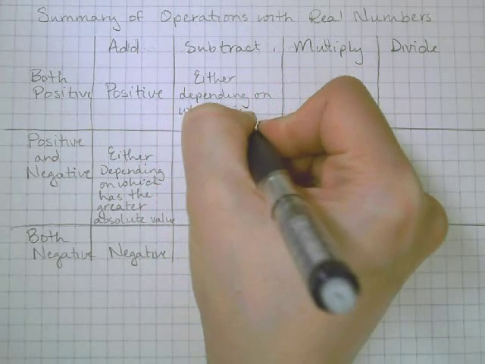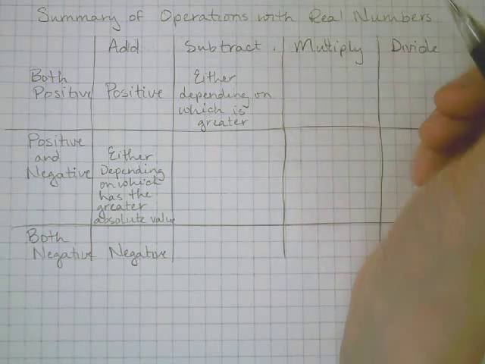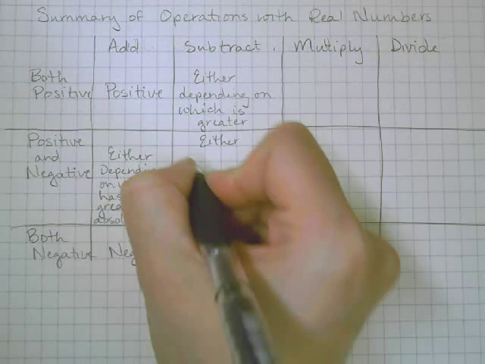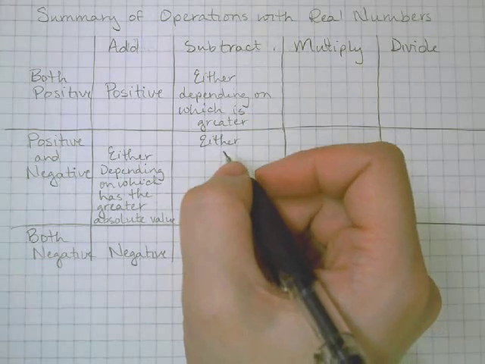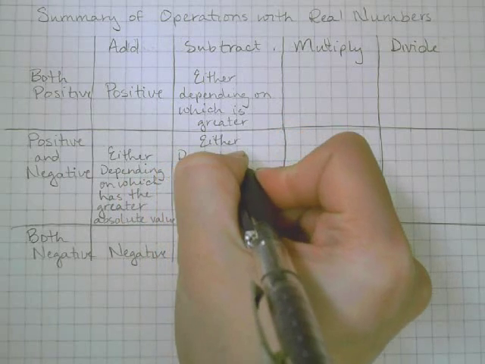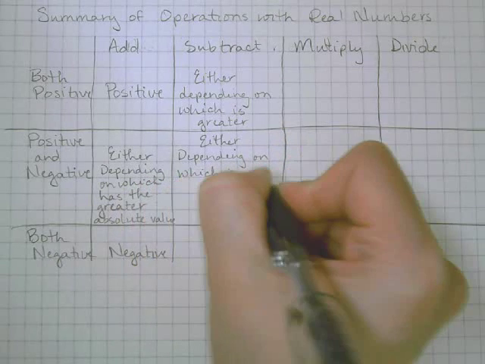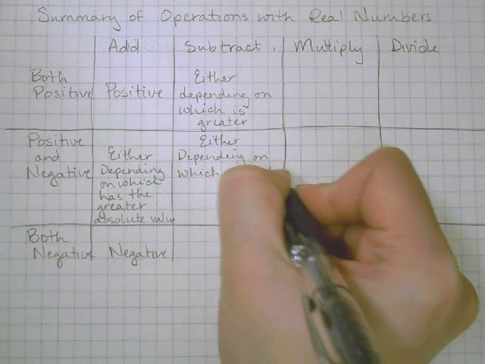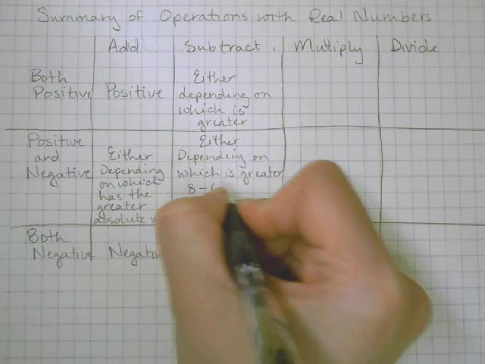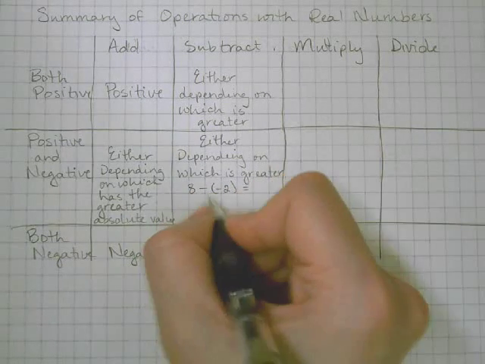If I am subtracting a positive and a negative, again, that can be either, depending on which is greater and which is being subtracted. So if I have 8 minus a negative 2, when we're subtracting a negative, that means we're adding. So this is actually 8 plus 2, which is 10.